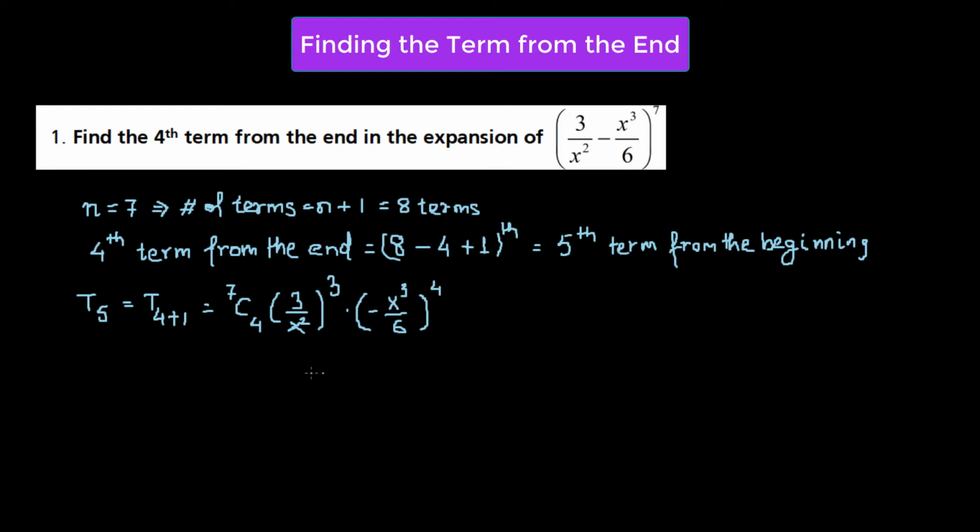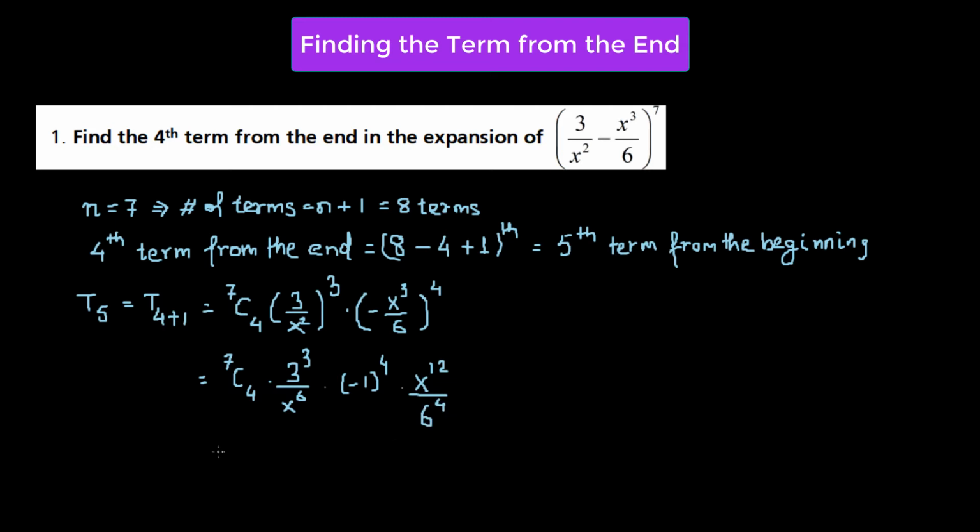Now we simplify the values. So 7C4, we have 3 raised to the power of 3 divided by x raised to the power of 2 times 3, which is 6, times negative 1 raised to the power of 4. So we have just pulled out the negative from the inside of the second term, times x raised to the power of 3 times 4, which is 12, divided by 6 raised to the power of 4.